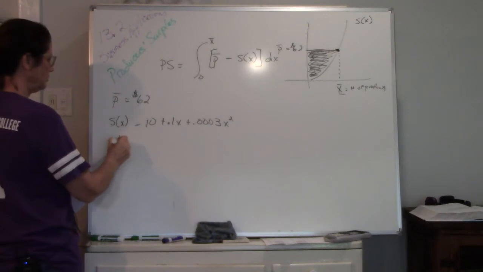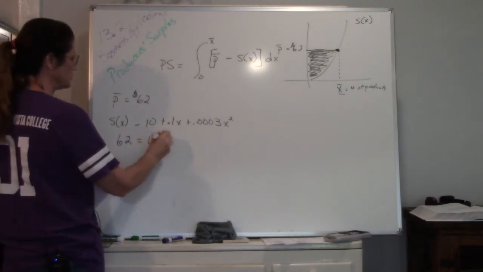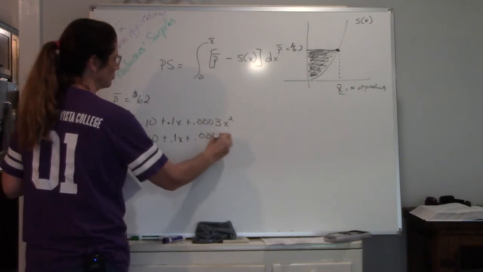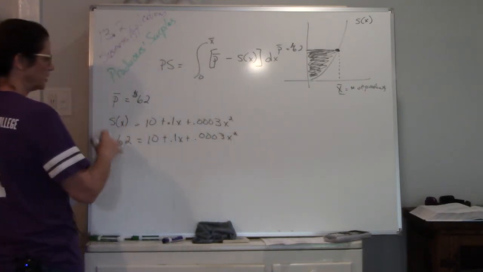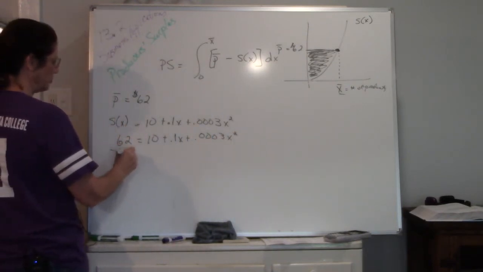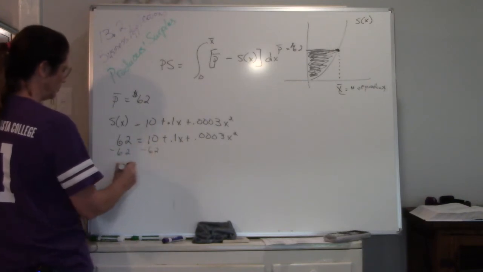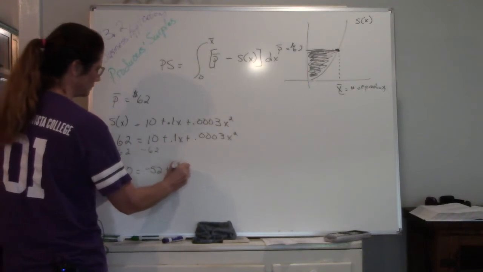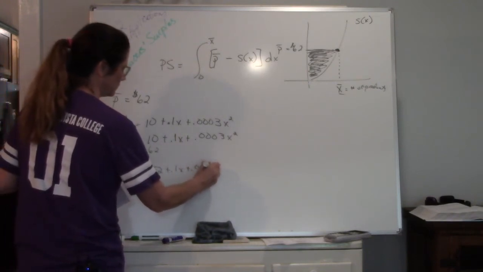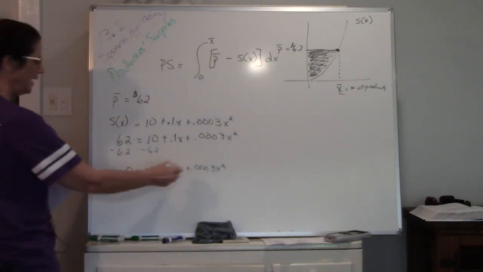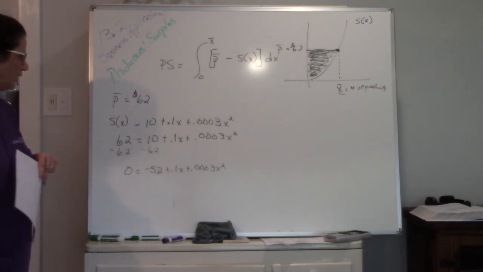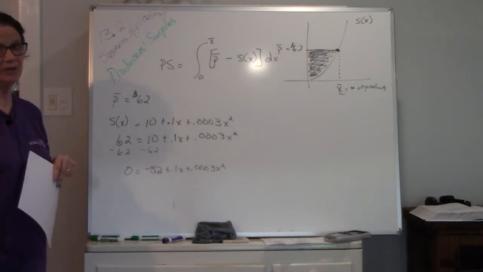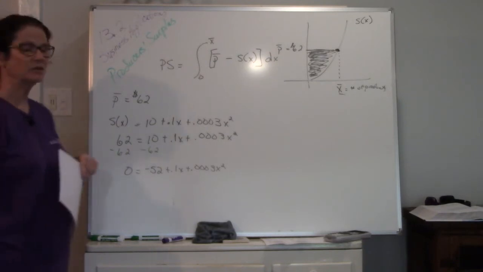So we're going to go 62 equals 10 plus 0.1x plus 0.0003x squared. We're going to combine our like terms, so we bring our 62 over and set our function to 0. Now you have a quadratic equation that you can solve by factoring, good luck, or the quadratic formula.